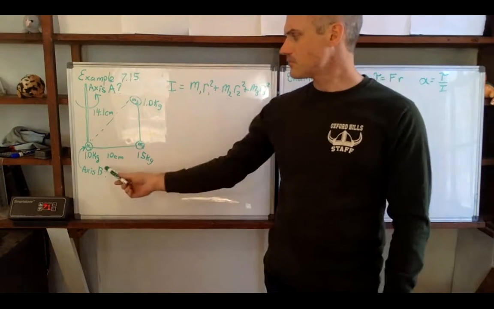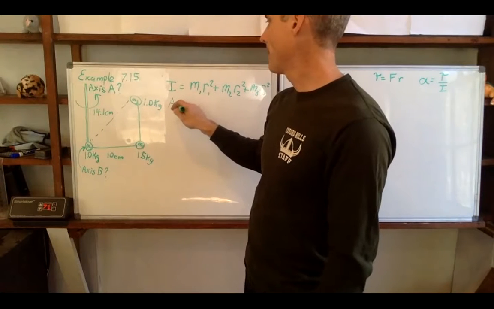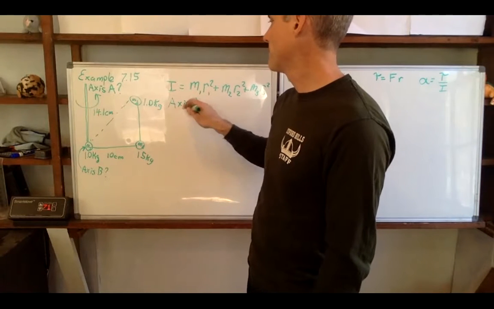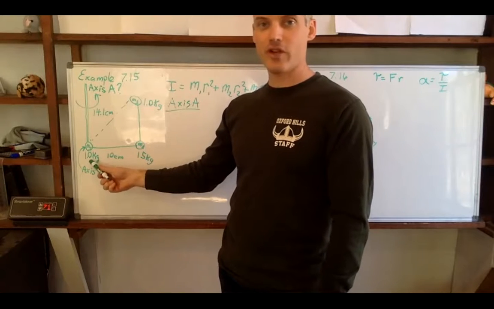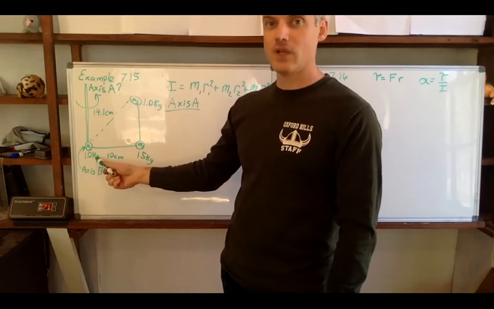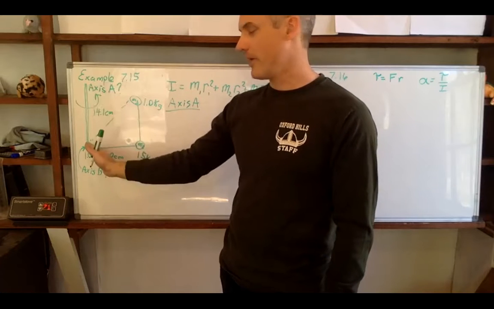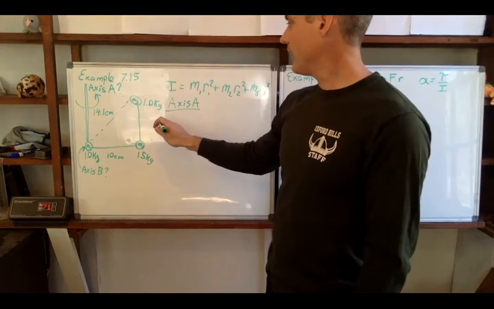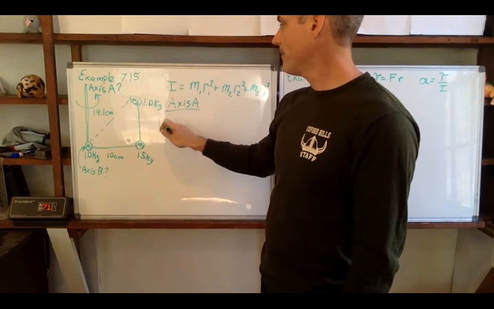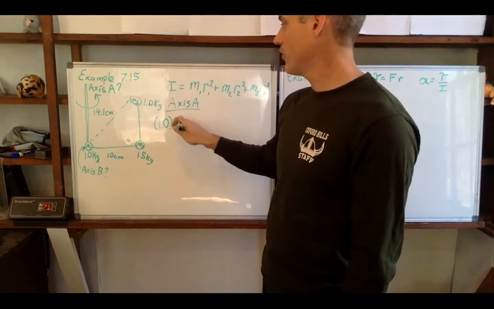Well, for axis A, this position is 0 for the 1 kilogram weight because it's actually on the axis of rotation, axis A.